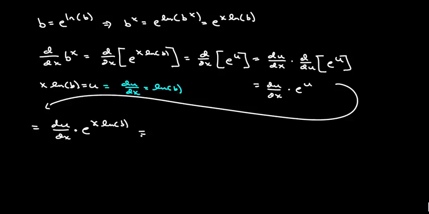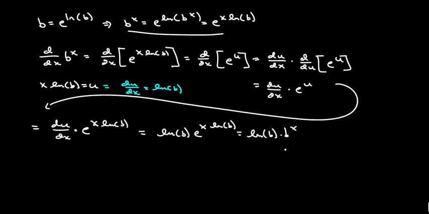So this is just natural log of b times e to the x natural log of b. And we know that e to the x natural log of b is b to the x. And so this becomes natural log of b times b to the x. And that's it. It's pretty slick.